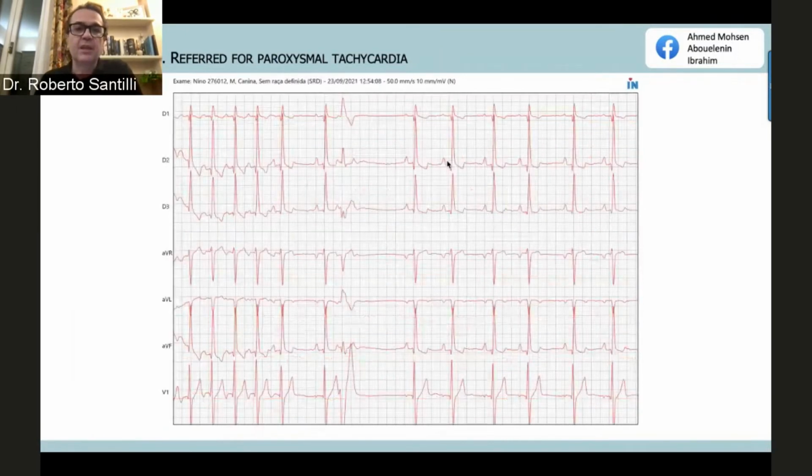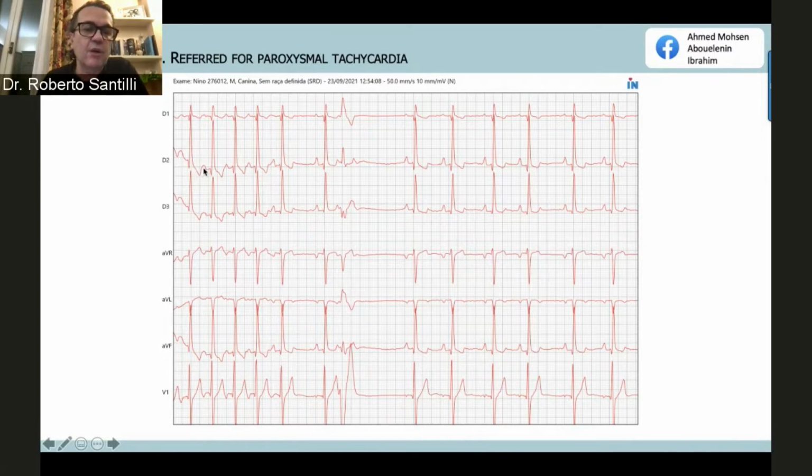Then we have another case from the same colleague. This is a male dog with paroxysmal tachycardia. Here is a normal looking ECG with a normal P. Then we have here a period of increased ventricular and atrial rate.